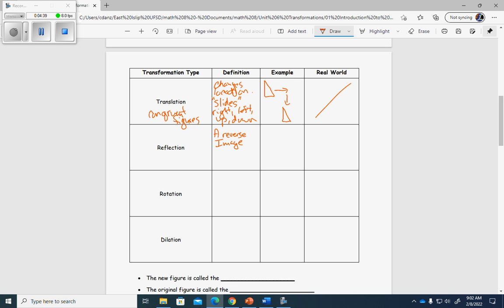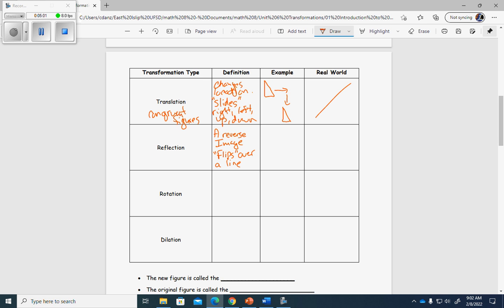It's a shape that flips over a line. So when you're looking in the mirror, the line that your image flips over is the actual mirror. And I'll give you an example of that.